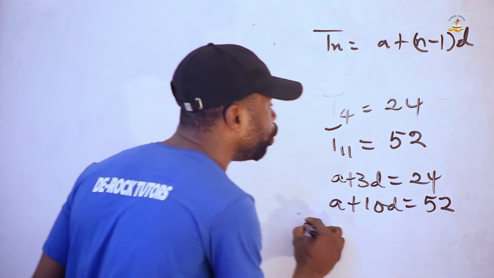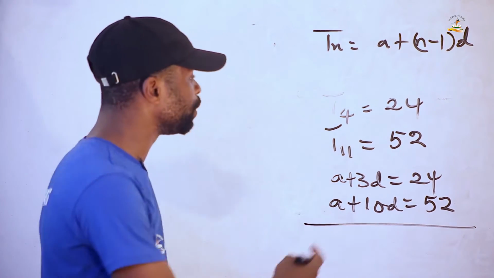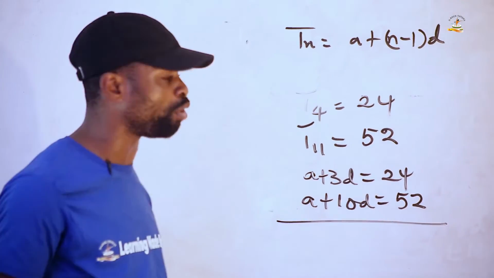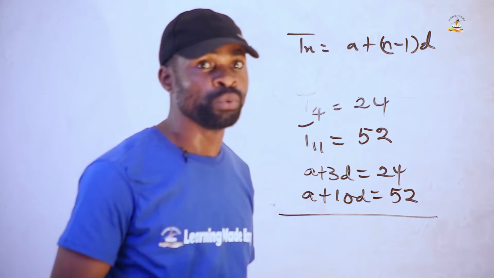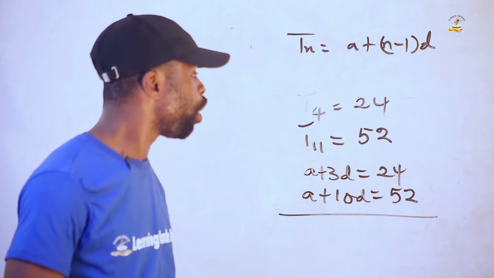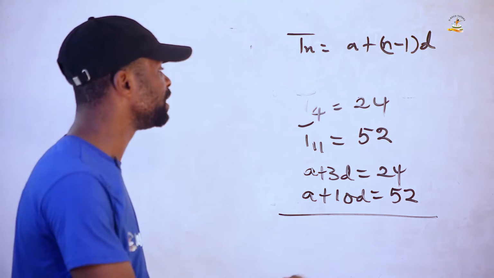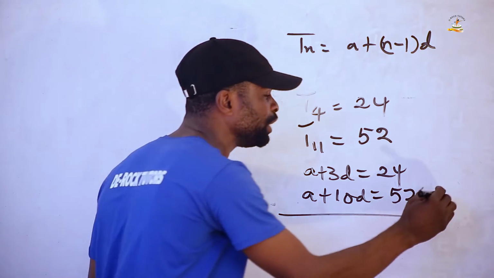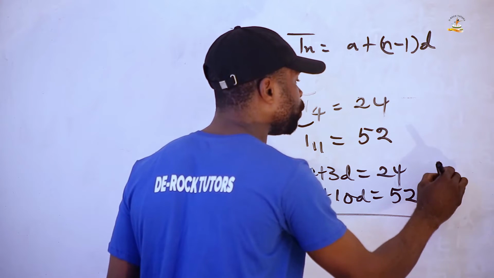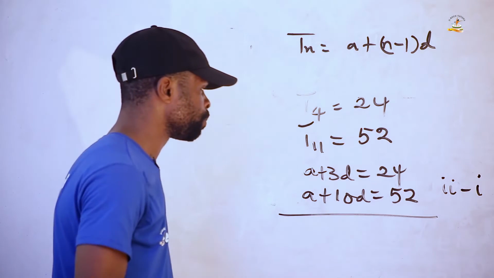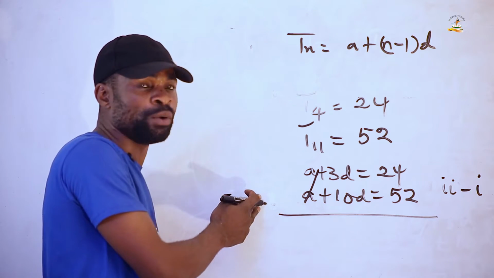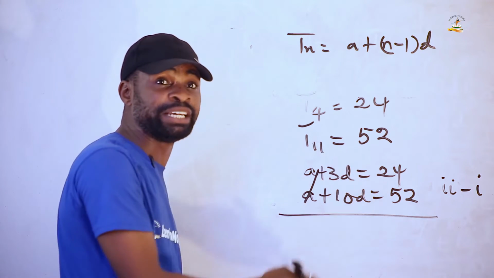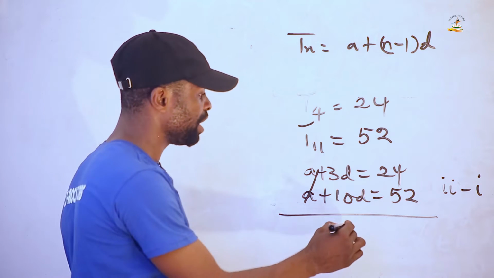Now we have two equations: A plus 3D equal to 24 and A plus 10D equal to 52. We want to obtain the value of D. How do we obtain the value of D? We can subtract equation 1 from equation 2. If I subtract equation 1 from equation 2, this A will go, and if you subtract 3D from 10D, what you have is 7D.